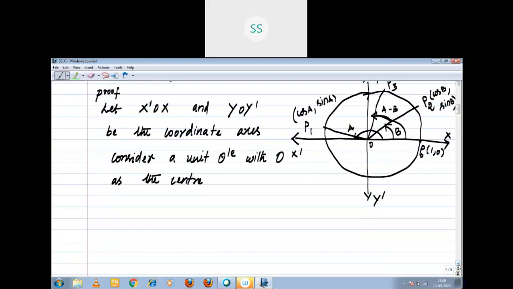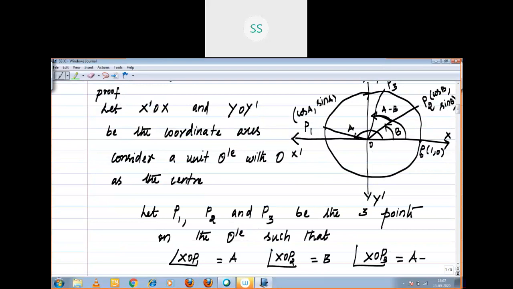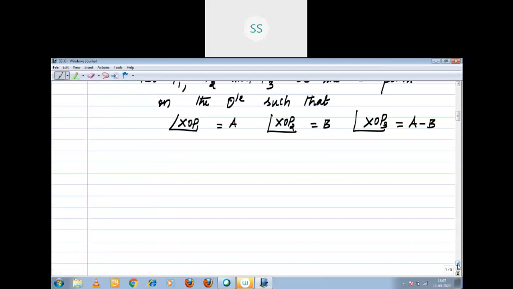Now I am going to explain what is angle A, what is angle B, and what is angle A minus B. Let P1, P2 and P3 be the 3 points on the circle such that angle XOP1 equals A, angle XOP2 equals B, and angle XOP3 is A minus B. You have to listen carefully, children.